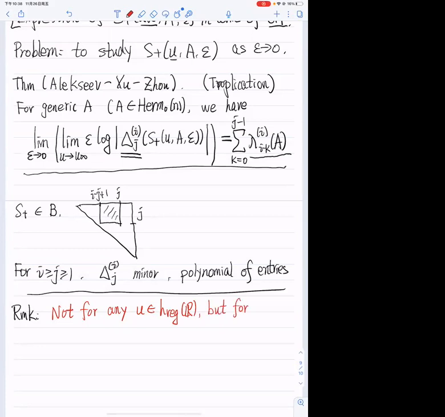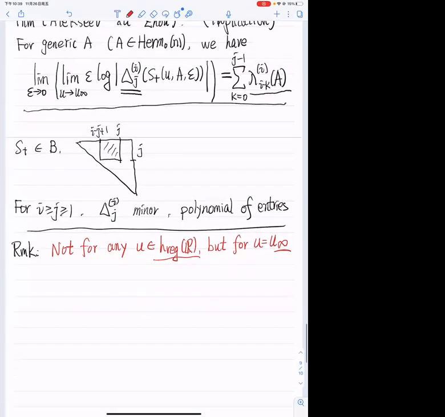So this point has a name, called the caterpillar point. Actually, n by n diagonal real matrices with distinct eigenvalues have a de Concini-Procesi compactification.